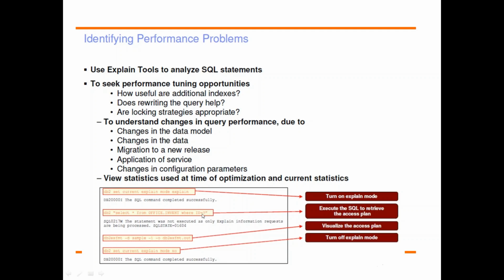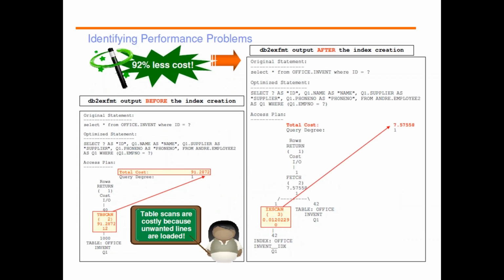So you can quickly create an index on ID and compare the costs here. Without creation of an index, the query is taking 91 units, which is going for table scans. But here it is actually taking only 7.